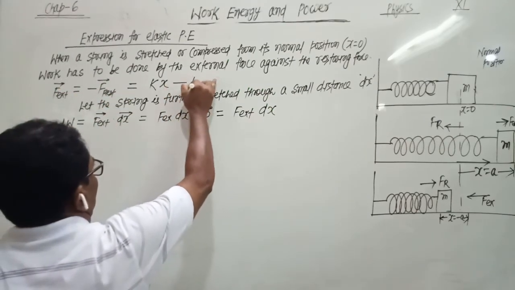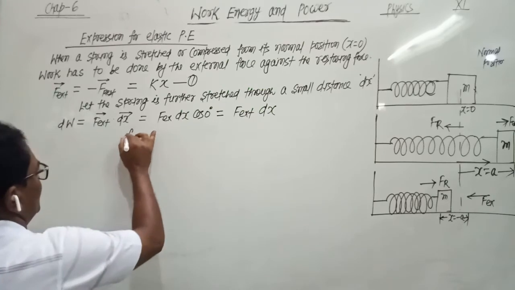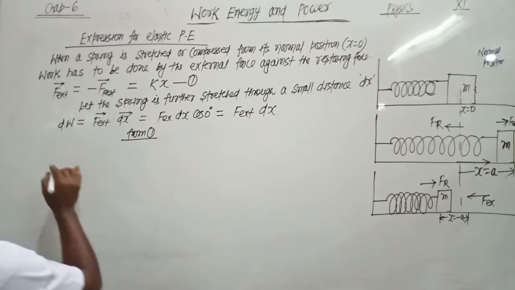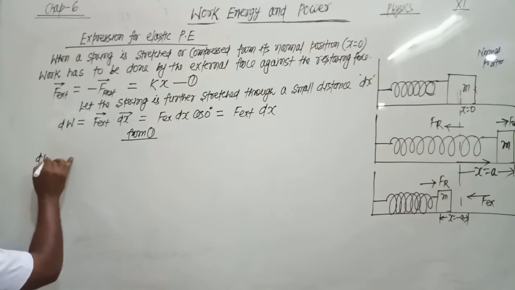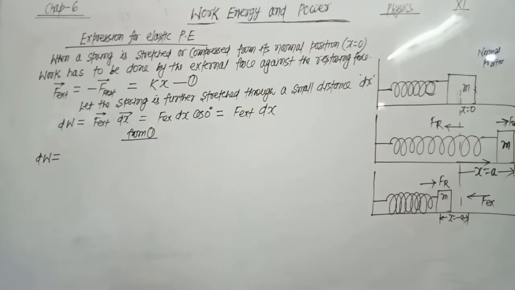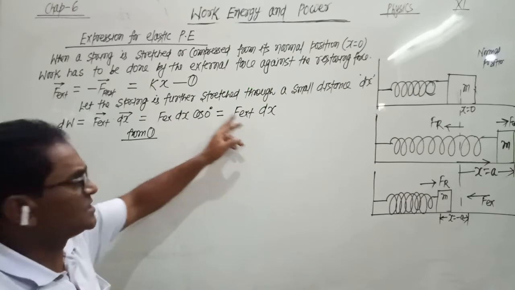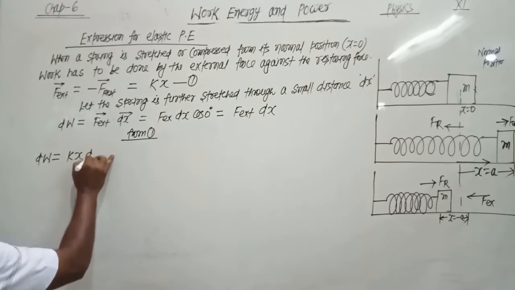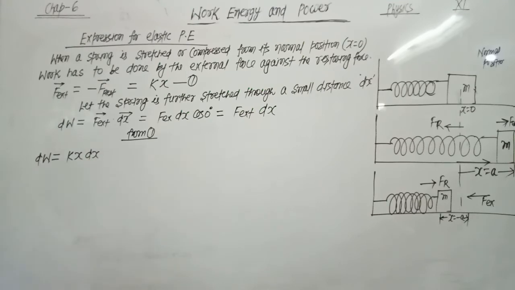From the first equation, at the place of F external we can write Kx. So dW equals Kx into dx. So this is a small amount of work done.